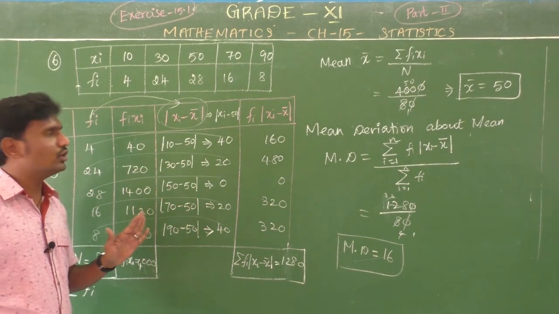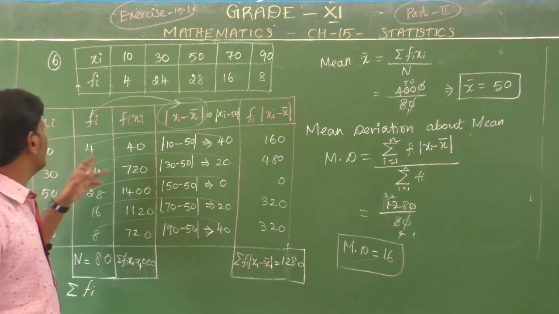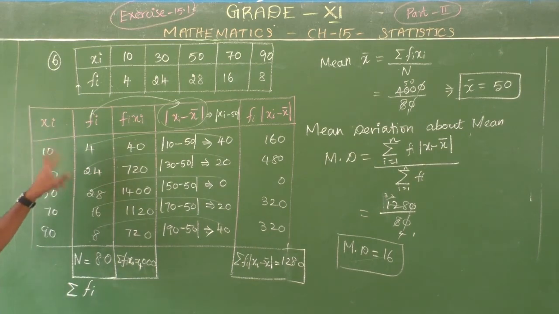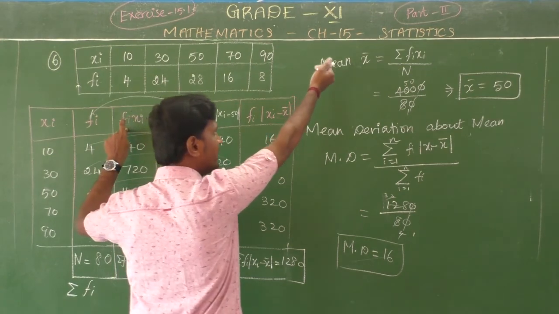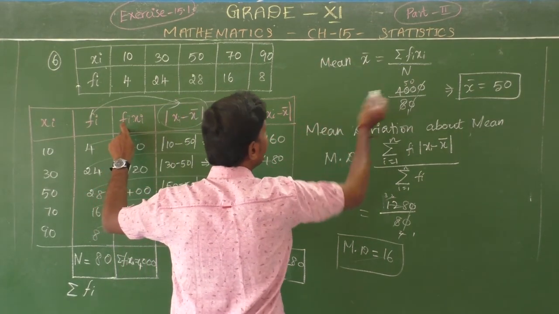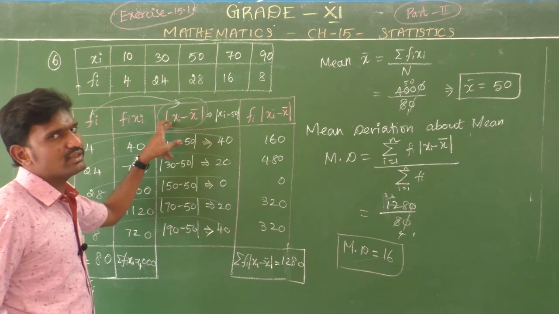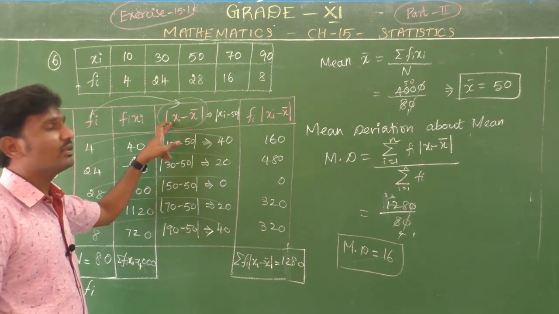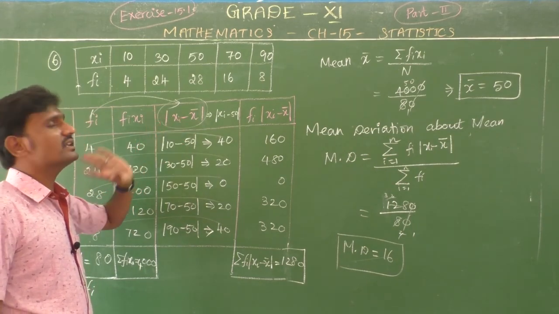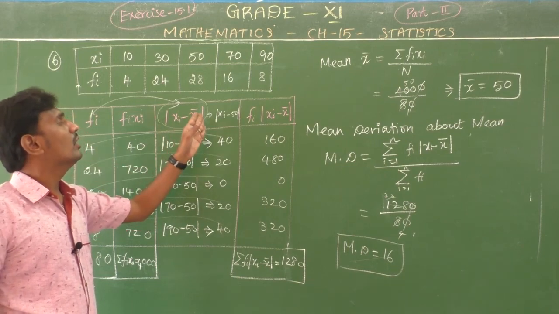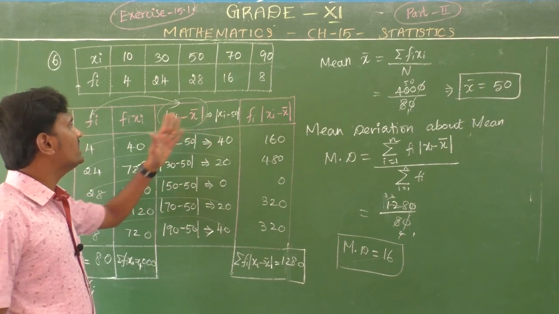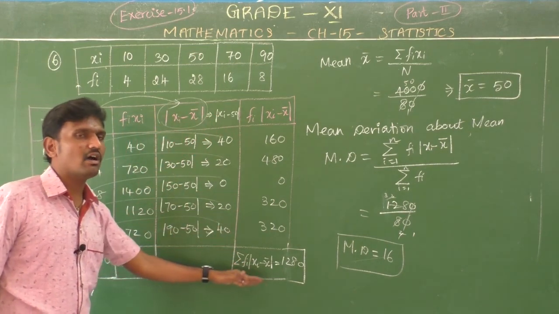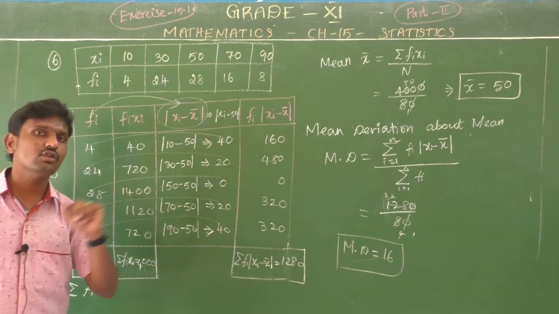What is the procedure you should know? First you need to form the table: first xi and fi, then multiply these two, and then find the mean x bar. Then you come to the fourth column, that is modulus of xi minus x bar, modulus of xi minus 50, then multiply it by fi to get the summation. So there are three summations you are going to find.